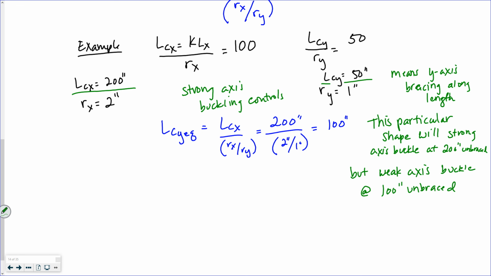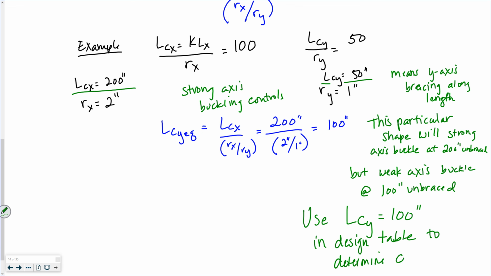And I do that by dividing by the radius of gyration ratio, which is actually in the manual in those tables. And so I say, well, it has to be up to 100 inches to buckle in the weak axis. And I would enter the table with 100 inches to determine phi Pn.